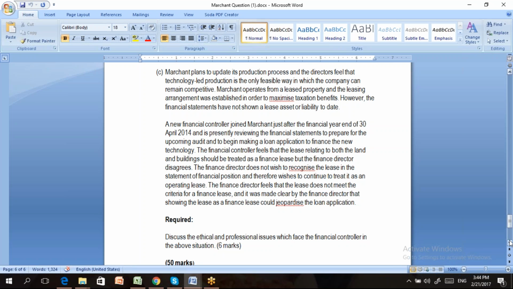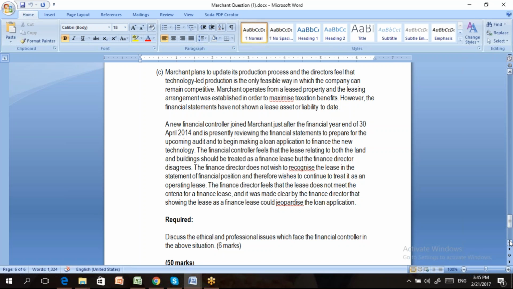A new financial controller joined Marchand just after the financial year end of 30th April. So remember, we just prepared the financial statements for 30th of April, and he is presently reviewing its financial statements to prepare for the upcoming audit and to begin making a loan application to finance the new technology. The financial controller feels that the lease relating to both the land and building should be treated as a finance lease, but the finance director disagrees.